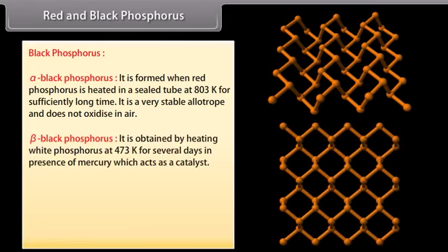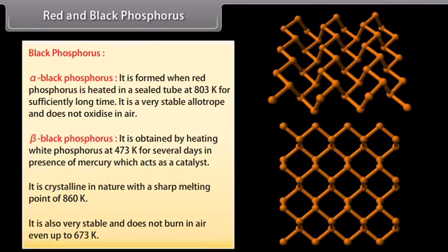Beta black phosphorus is obtained by heating white phosphorus at 473 Kelvin for several days in the presence of mercury, which acts as a catalyst. It is crystalline in nature with a sharp melting point of 860 Kelvin. It is also very stable and does not burn in air even up to 673 Kelvin.